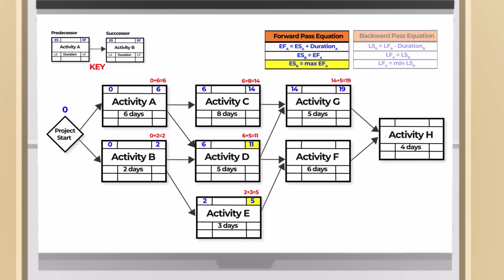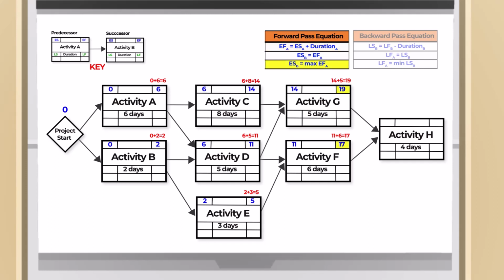Next is activity F, early start. We have 2 predecessors. We'll wait both to finish, and the maximum of the 2 will be 11. Activity F, early finish, will be the early start, 11, plus the duration 6, equals 17. Activity H, early start.